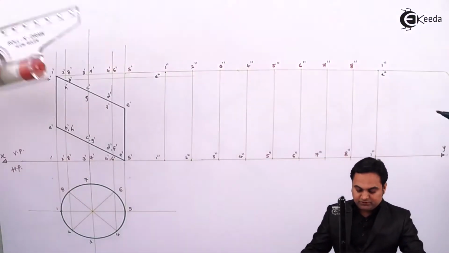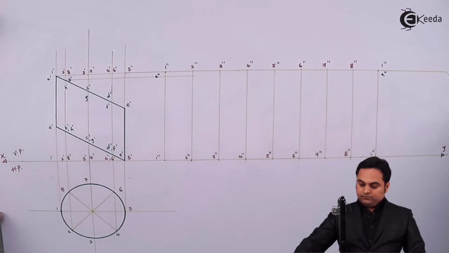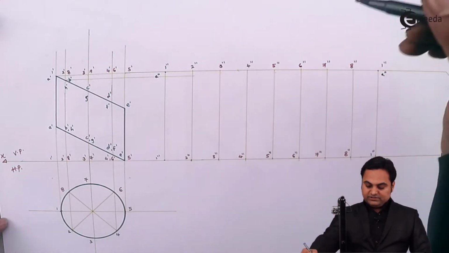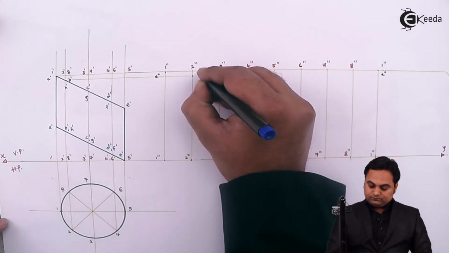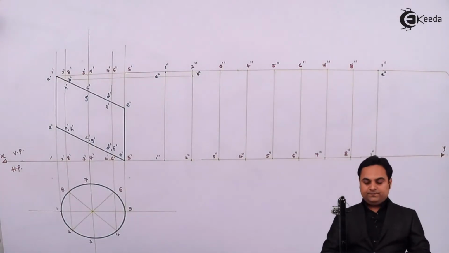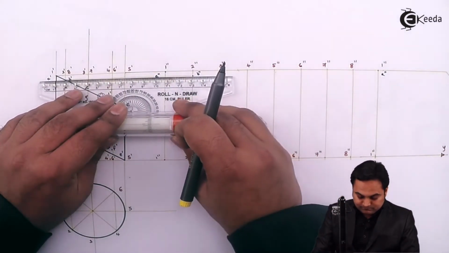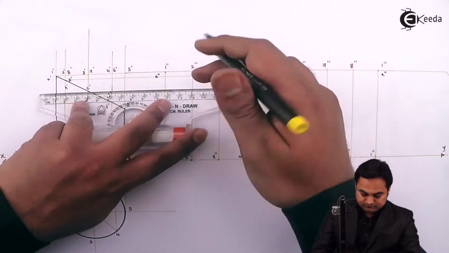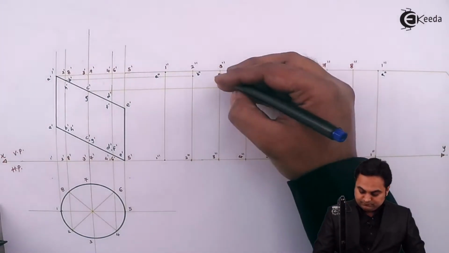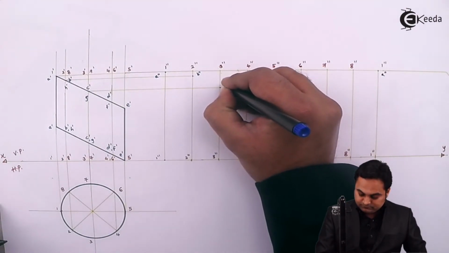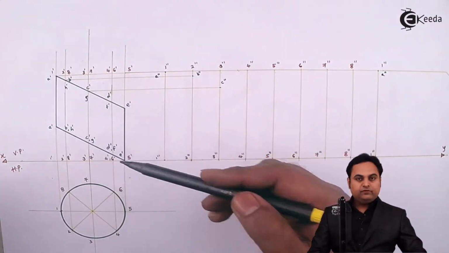So drawing a light horizontal line and cutting at the location 2 double dash 2 double dash, that will give me the point B double dash. Next, C dash will be projected light. It will lie on 3 double dash 3 double dash. Then D dash is lying on 4 dash 4 dash.